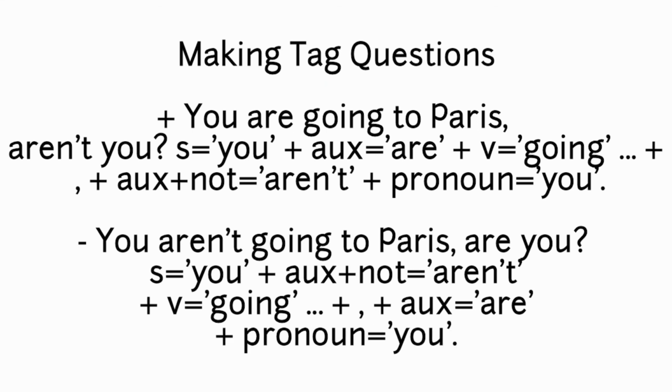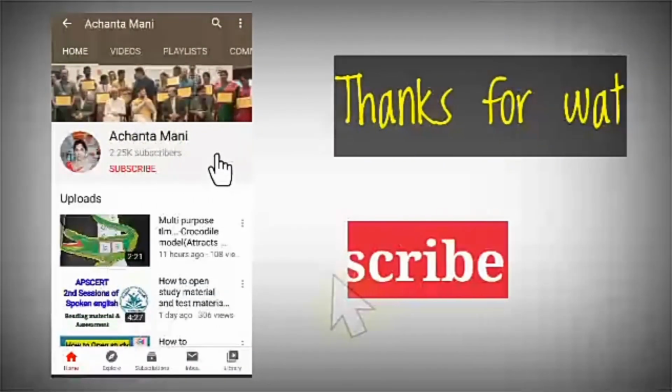Here the auxiliary is are, so aren't, plus pronoun you. For a negative statement, you aren't going to Paris, are you? Here you is the subject plus auxiliary plus not, aren't, plus verb going, plus comma, plus auxiliary are plus pronoun you.